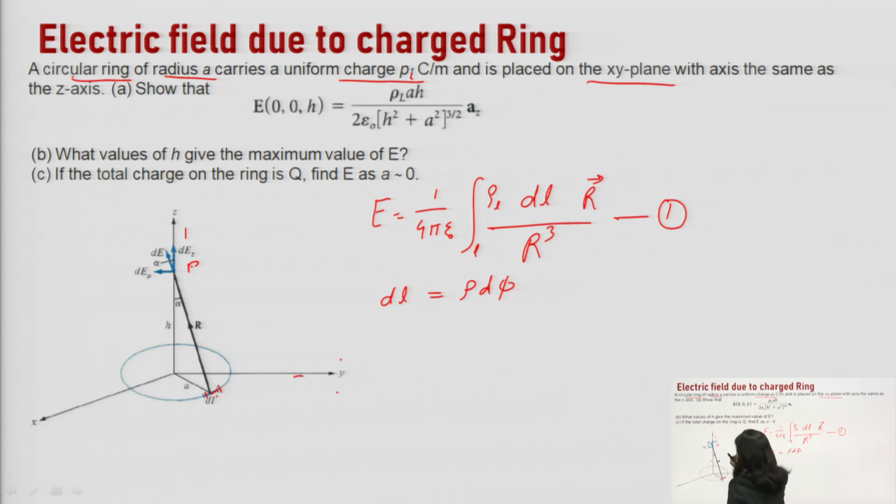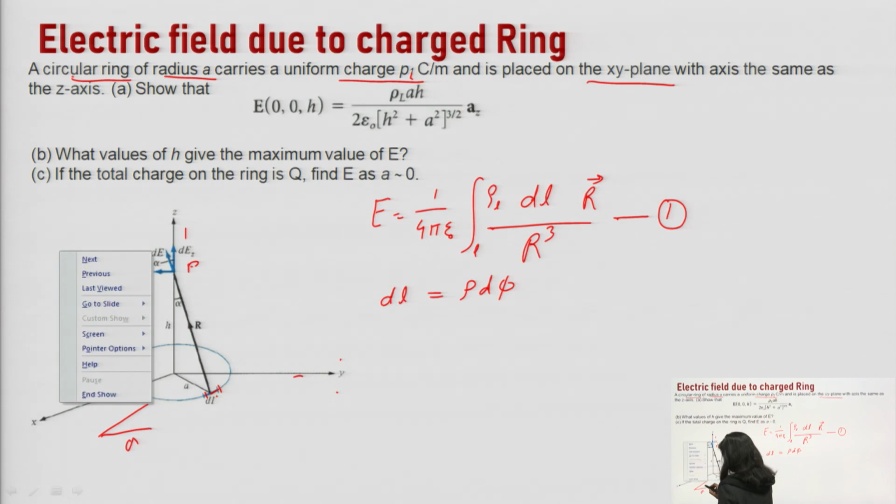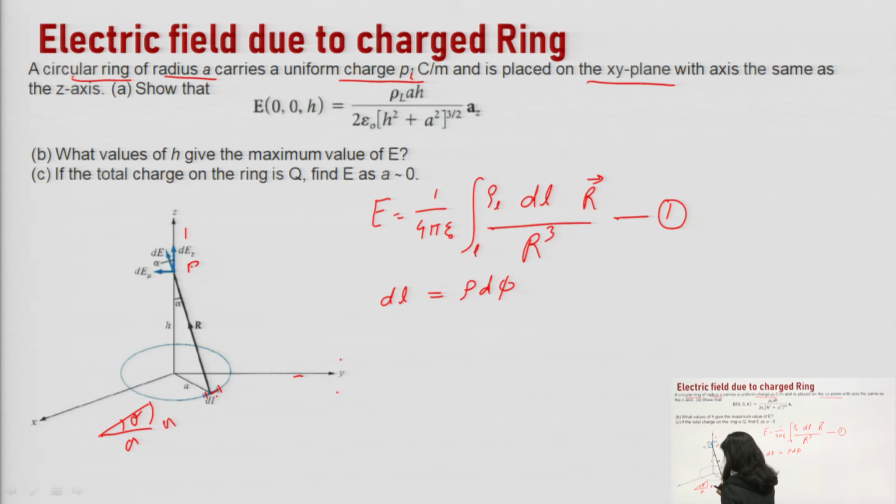We know that when there is a radius a and the angle is theta, then the arc will be equal to a theta. But as here we have taken dl, so we have taken theta also as a differential term.